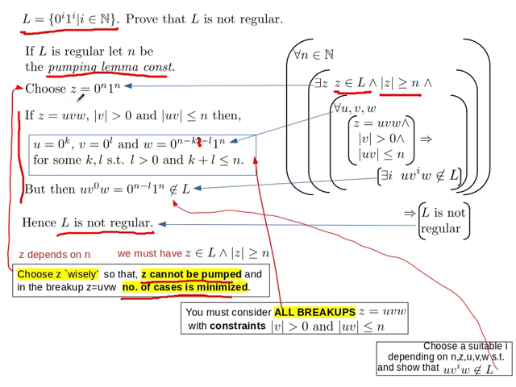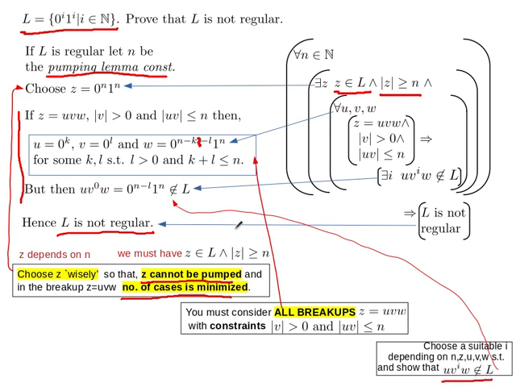So you choose Z which cannot be pumped and which helps in this part, and you choose your I here. Again, this I can depend on all the previous variables, and it should be such that this string is not in L. So you have to choose I so that this is satisfied.